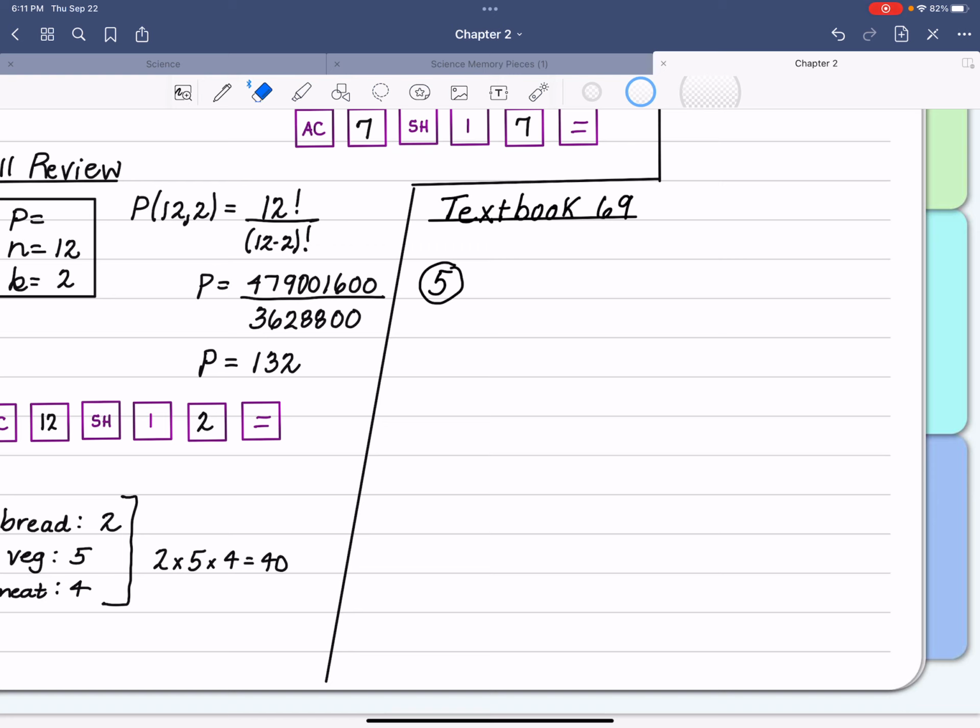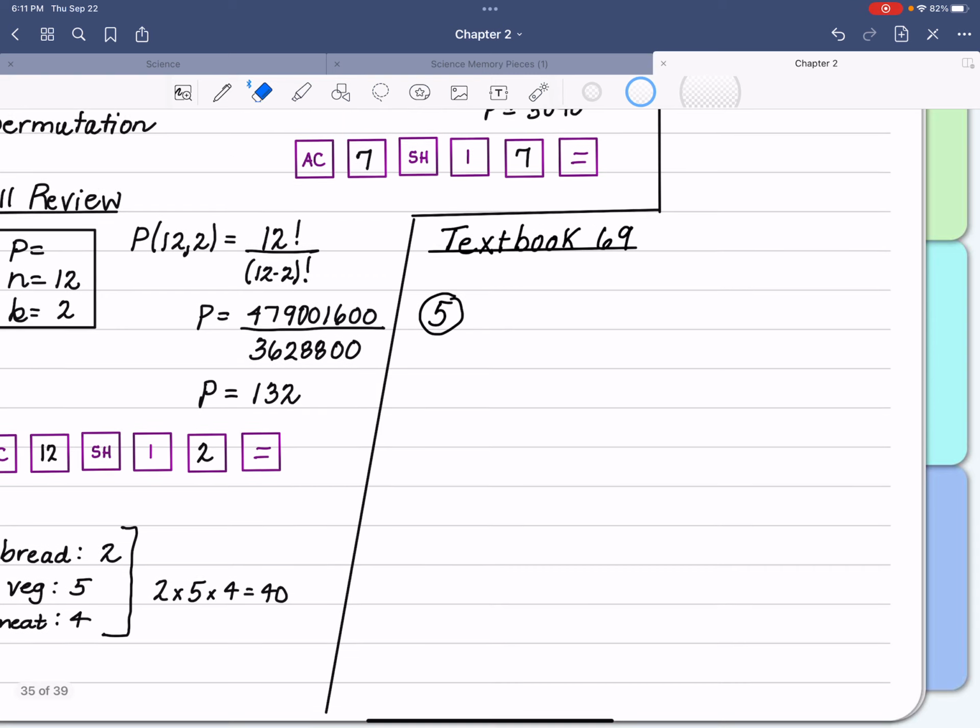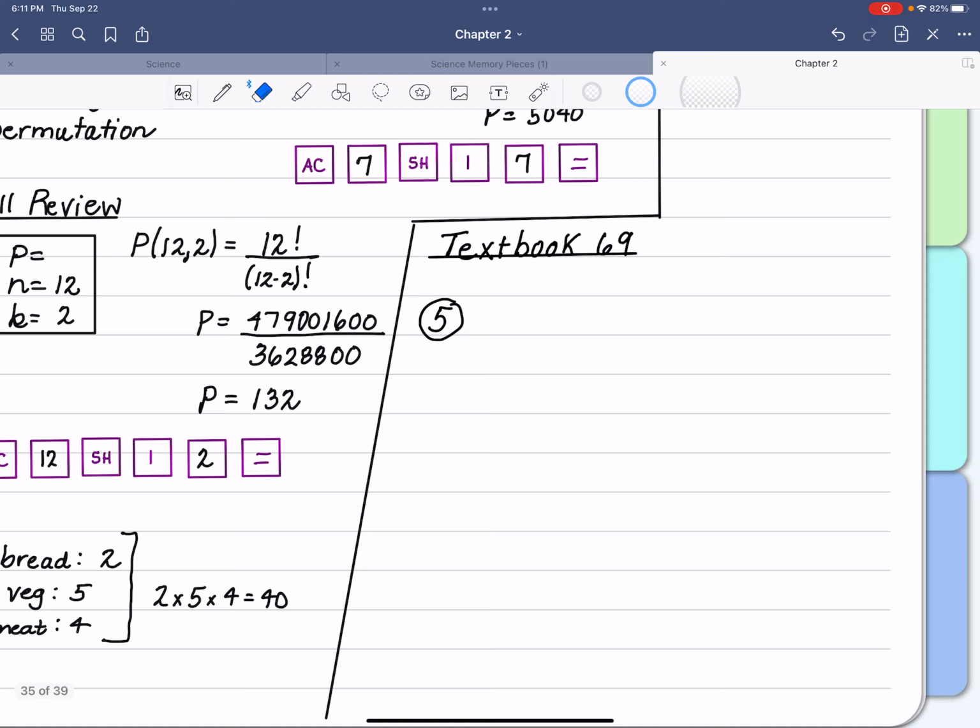The definition of permutation is a selection in which order matters, and a combination is a selection in which order does not matter. I'm going to give you just a little bit more info here. A combination is related to just choosing, selecting.